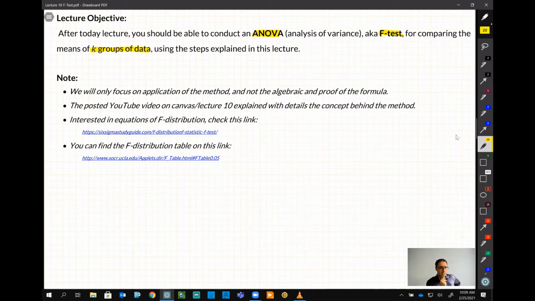I will explain the steps in a moment. Please note that here we're going to focus only on application. We're not going into the algebra and proof of the formula, but if you are interested, there are textbooks that explain it. F-test is not in your textbook.